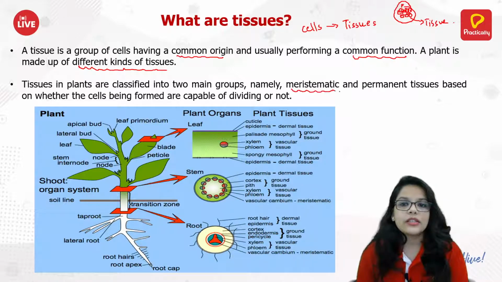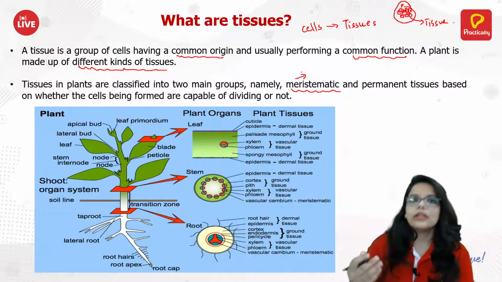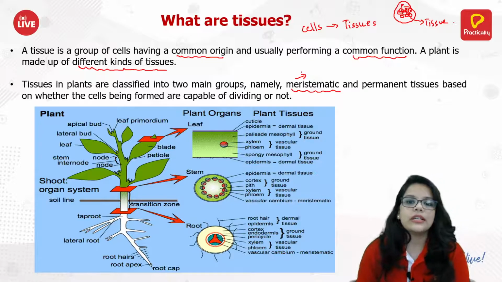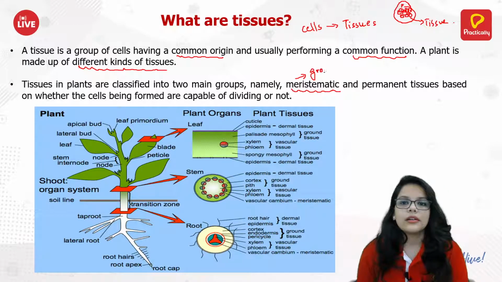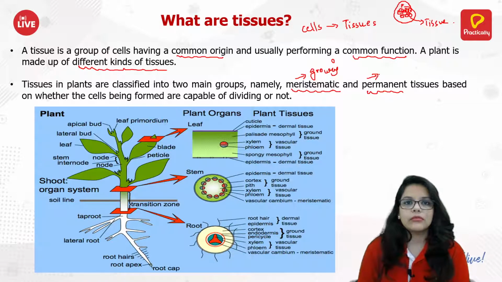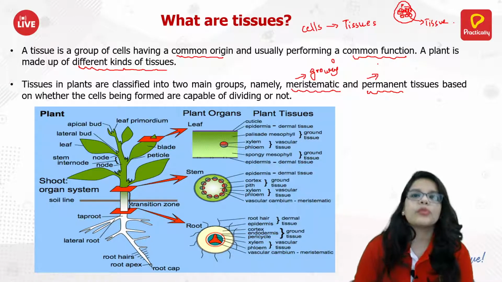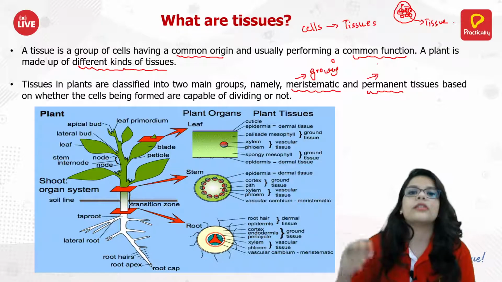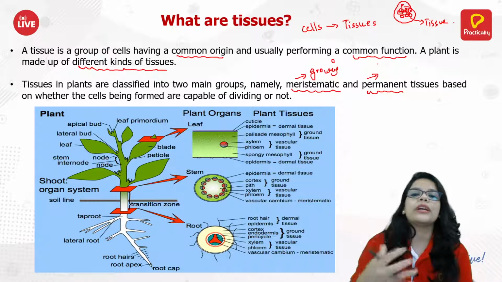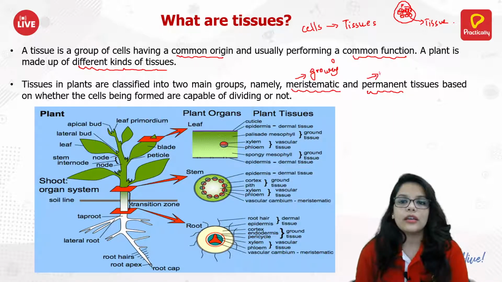There are meristematic tissues, which grow continuously. And there are permanent tissues, which are non-growing. These do not grow, they are there, providing the support, but they're not growing anymore, they're not dividing.